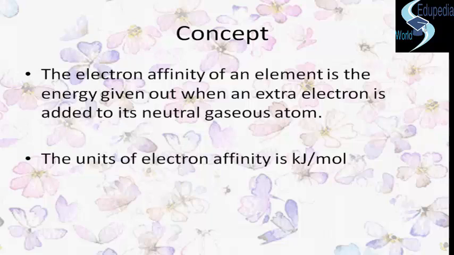Electron affinity of an element is the energy given out when an extra electron is added to its neutral gaseous atom. Electron affinity is a measure of the tendency of an atom to accept an extra electron to form an anion. Like ionization energy, electron affinity is also expressed in units of kilojoules per mole. So now we have a proper definition: electron affinity of an element is the energy given out when an extra electron is added to its neutral gaseous atom.